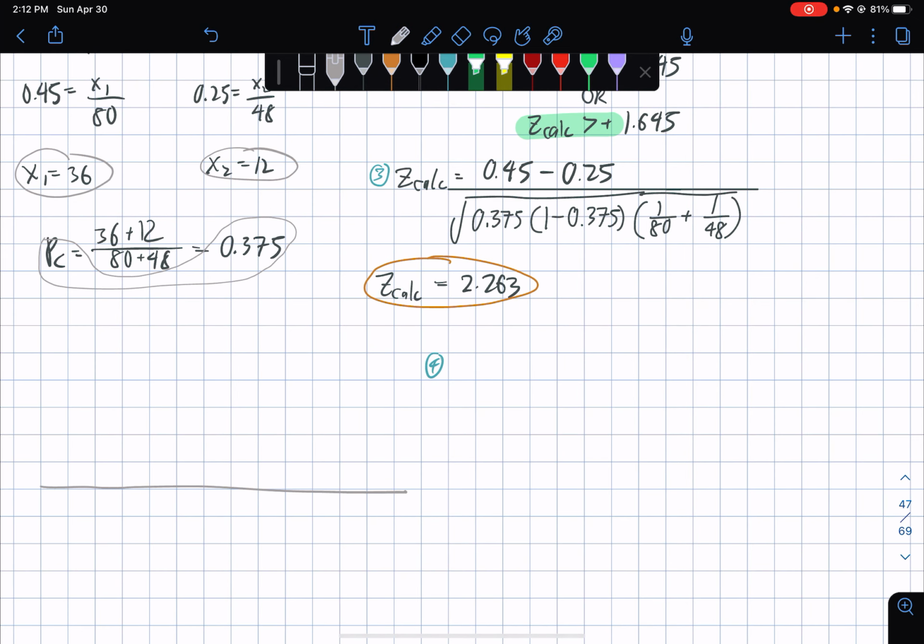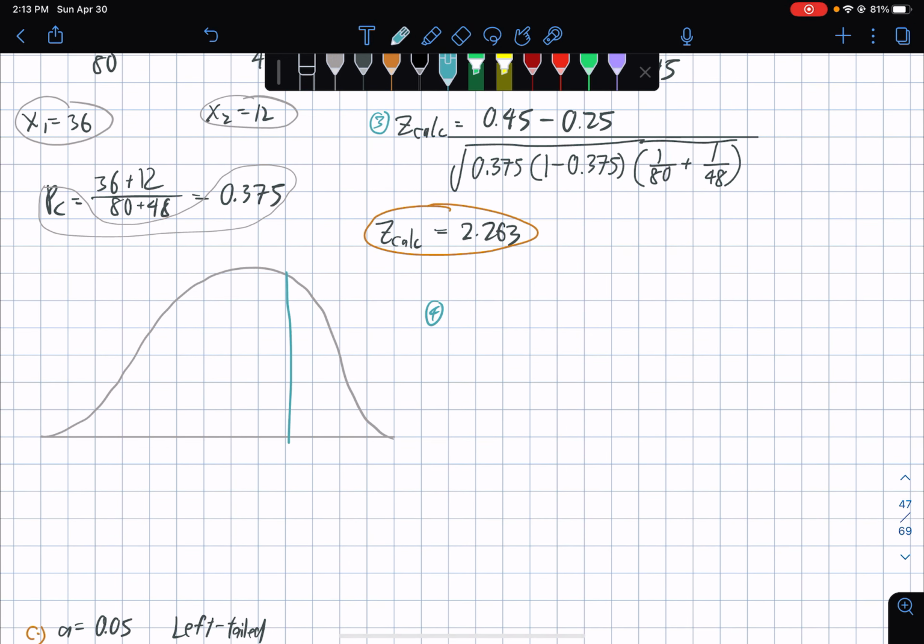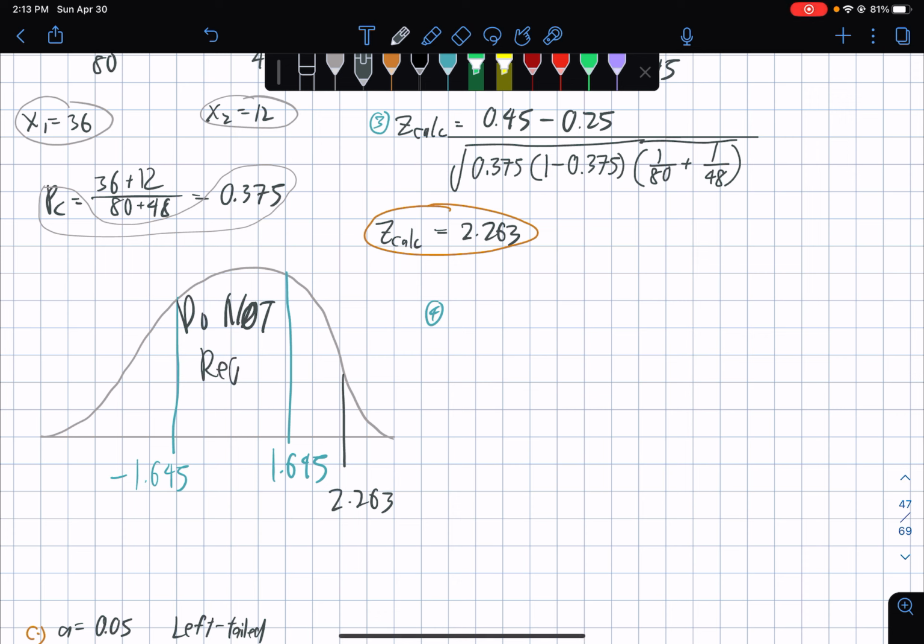Let's visualize using the hill-looking graph, and because this is two-tailed, this is 1.645 here, the other 1.645 is here, and then 2.263 is over here. In the two-tailed test, this region is a do not reject region. The right and left sides are reject. So, because 2.263, our z calc, is located in the reject region, we reject H0.